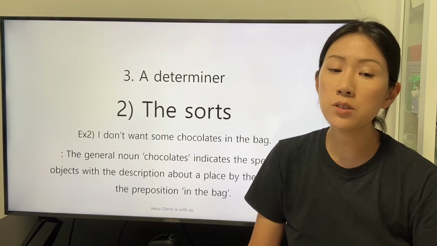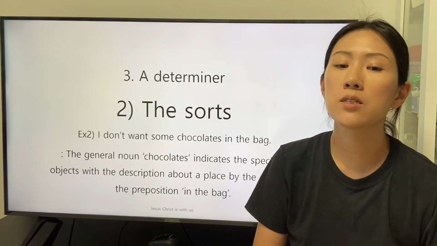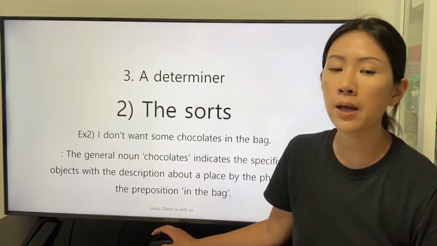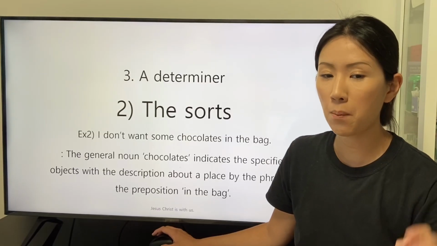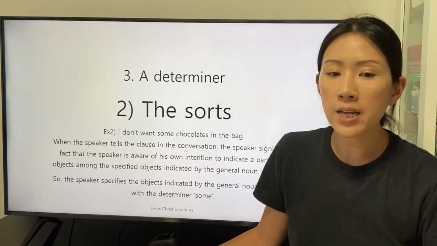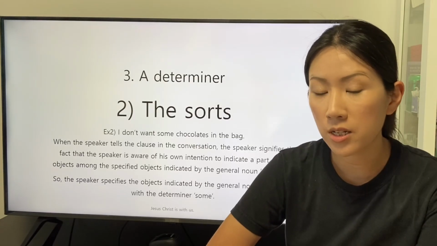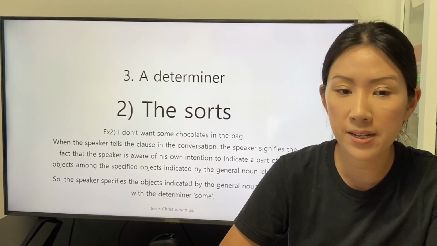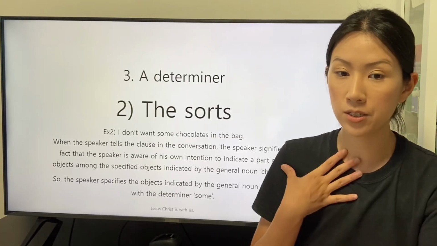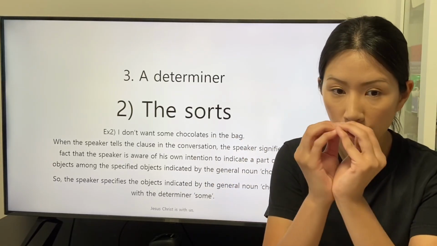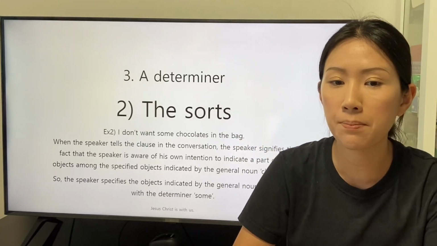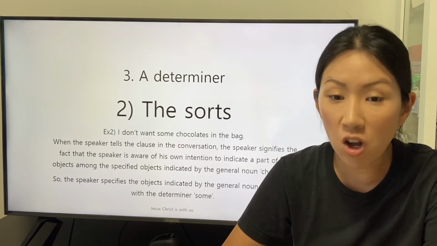The general noun chocolate indicates the specified object with the description about a place by the phrase of the preposition in the bag. When the speaker tells this clause in the conversation, the speaker signifies the fact that the speaker is aware of his own intention to indicate a part of the object among the specified object indicated by the general noun chocolate.